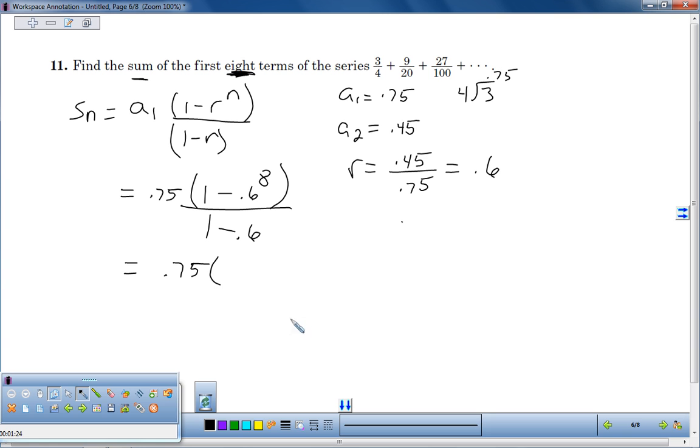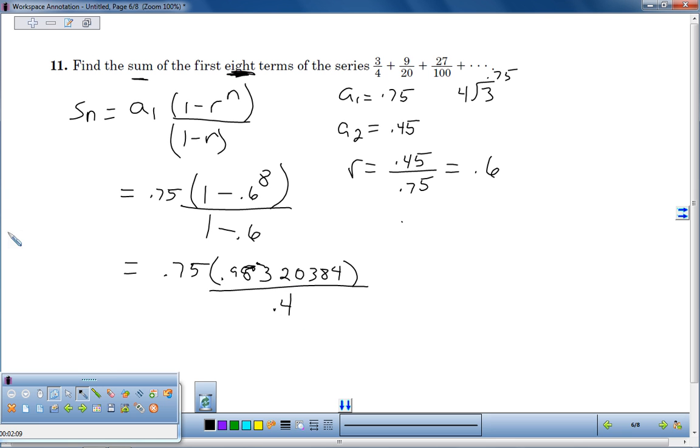And we end up with 0.9832038. I really don't care if we write all this out, but I just want to make sure everybody sees where the numbers are coming from with this. And that's all over 0.4.